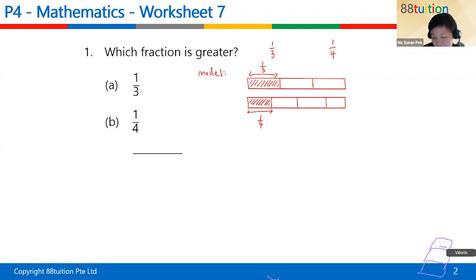Valerie, can you annotate here? You can, right? Because I saw some drawings. Thank you very much. But however, I want you to do something here. Help me tell which fraction is the greater one by looking at my model.